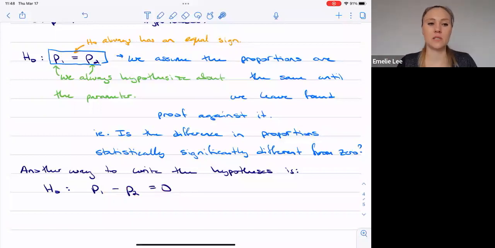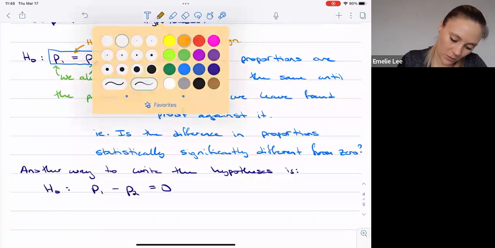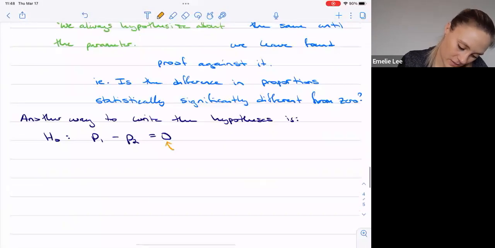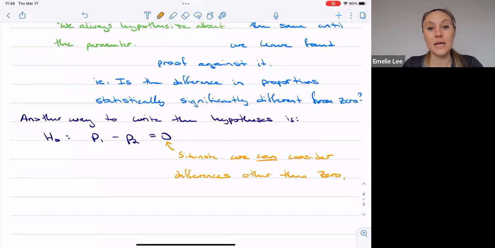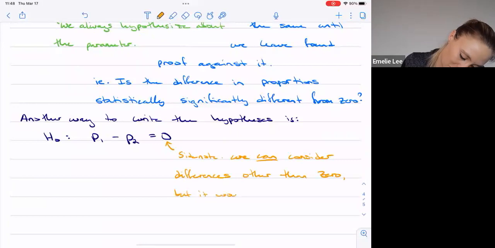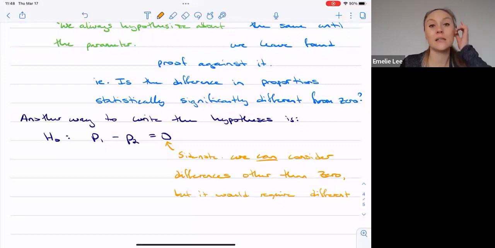If you want to show that there's a difference not just beyond 0, but greater than 0.1, for example, it happens, but just as a quick side note, we can consider differences other than 0, but it would require slightly different techniques.